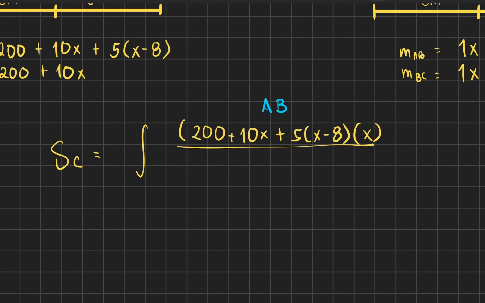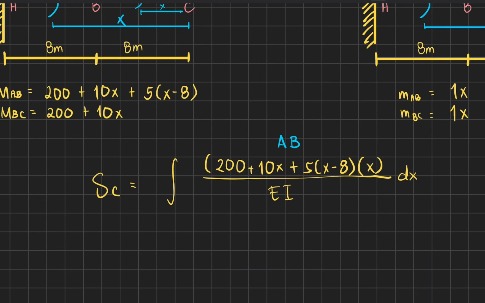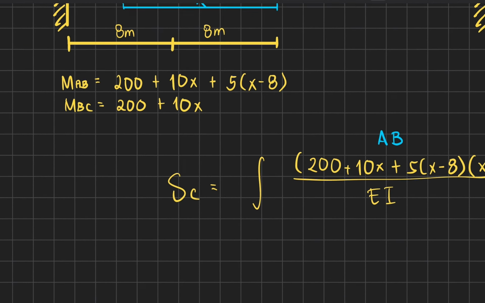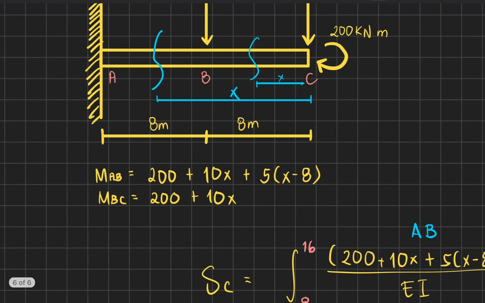So, over EI dx. And since this is for AB, ang ating values for this one is 8. Evaluate natin siya from 8 to 16. Why 8 to 16? Because AB, since this is our point of origin, point C is 0, and then point B is at 8, and that's where we start, point 8 to point 16.